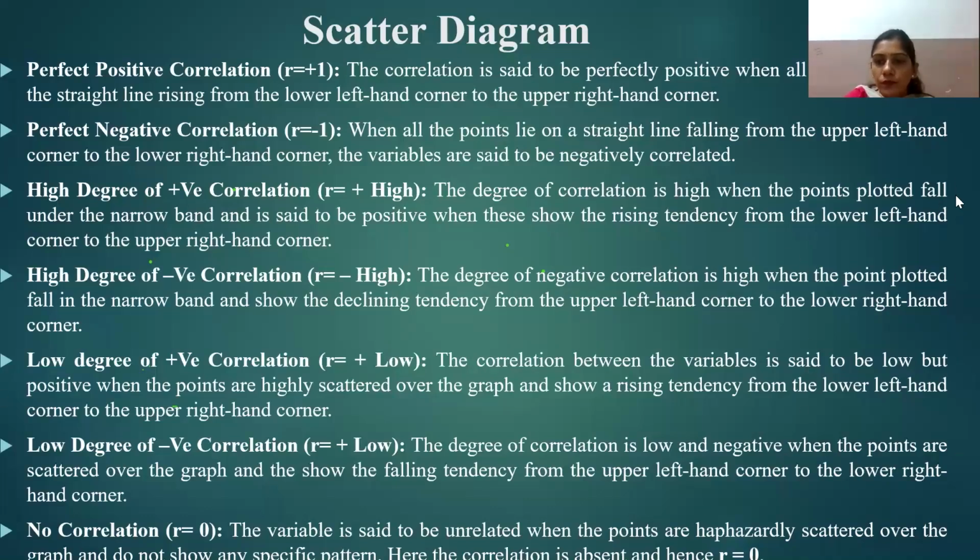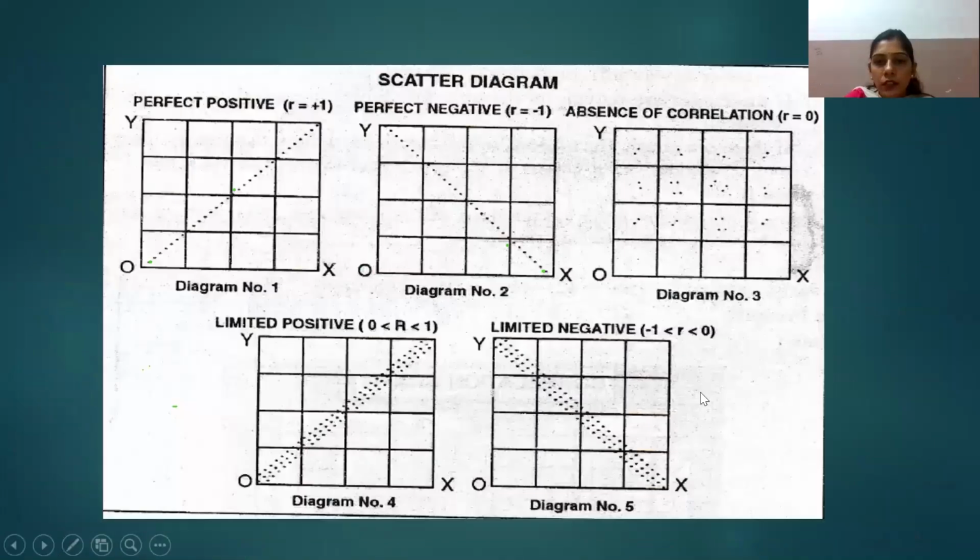If we have to draw the graph, as you can see in this example, the plots which are drawn on a graph are near the straight line, but not on the straight line.